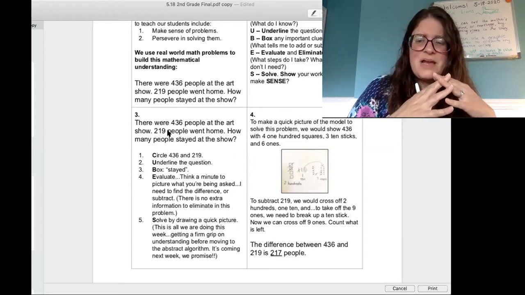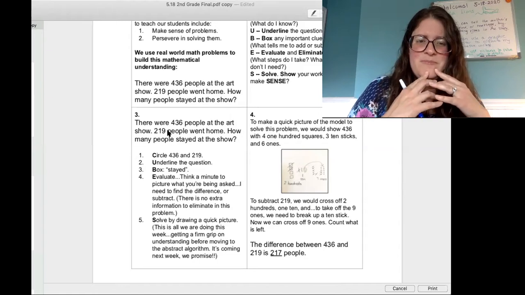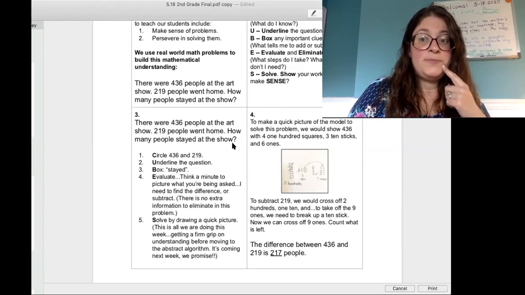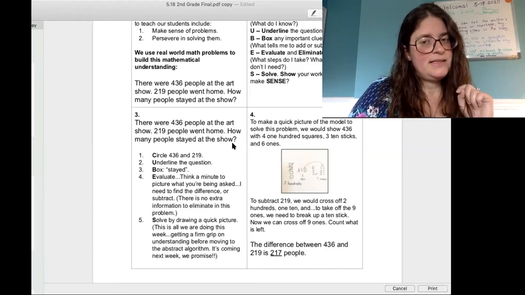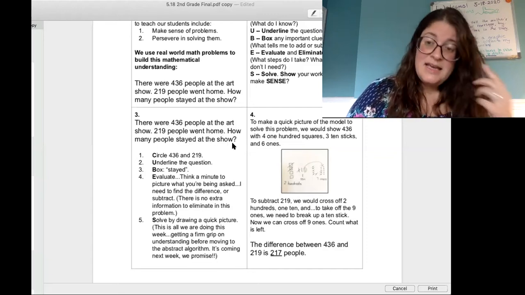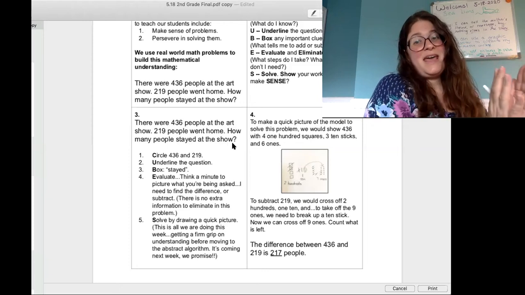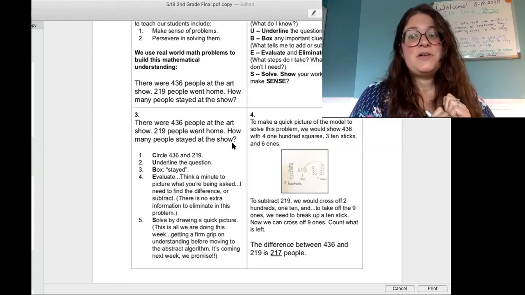Is that the amount of people at the show? Let's see. There were 436 people at the art show. 219 people went home. How many people stayed at the show? Oh, so I don't think they want us to add. I'm going to think they started with 436 and then they took away 219.